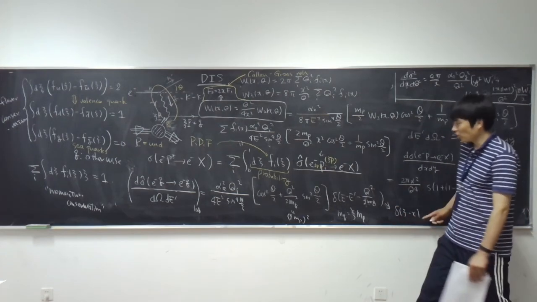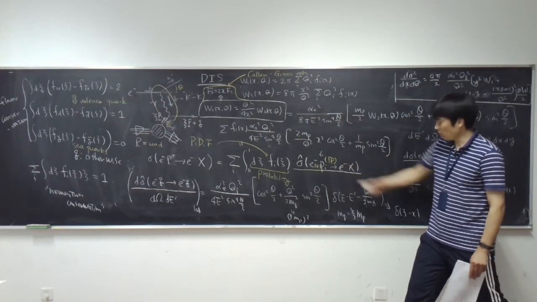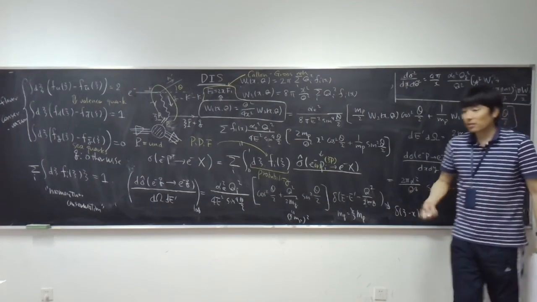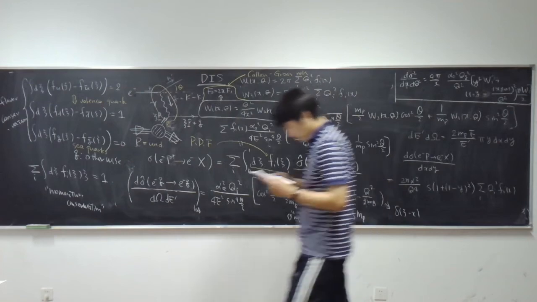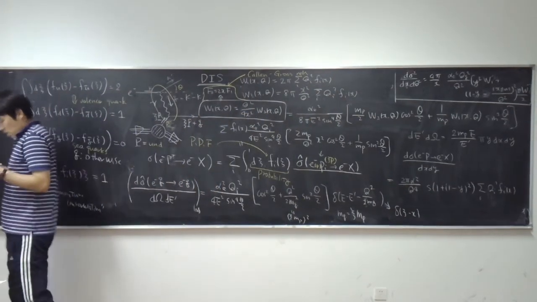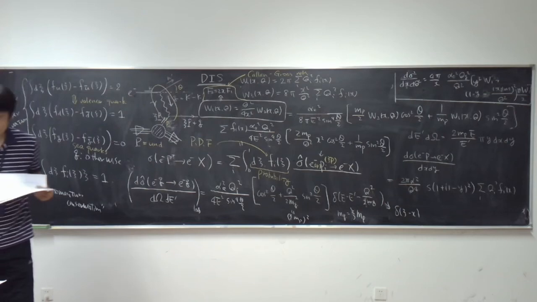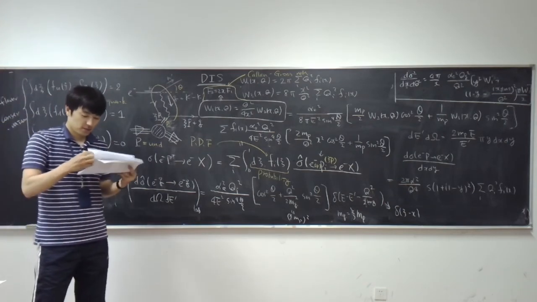Once you include this into the dx integral, you just replace xi by x. That's what happened.